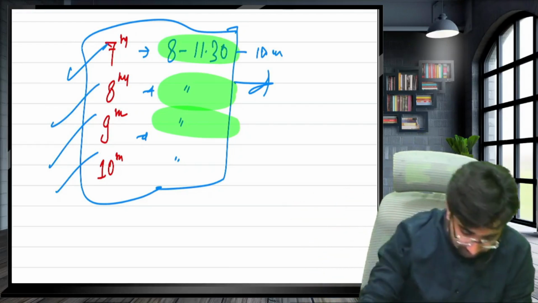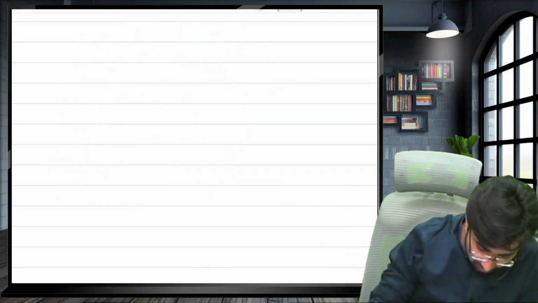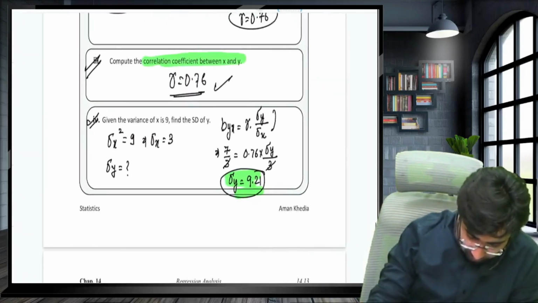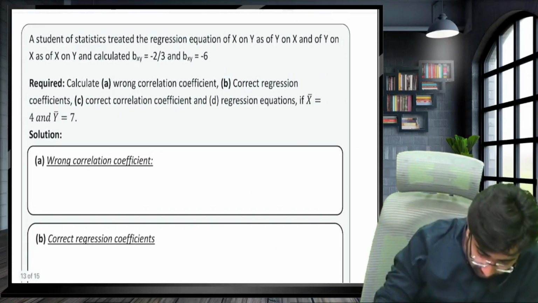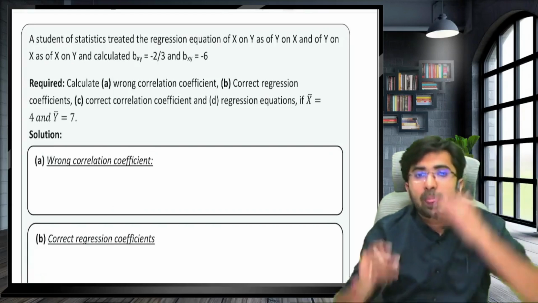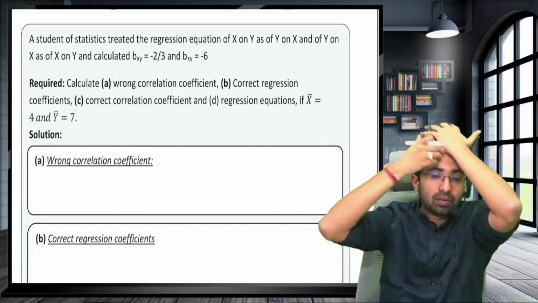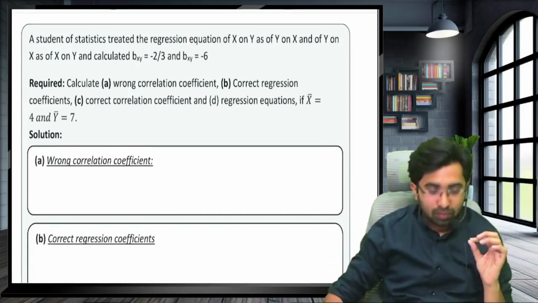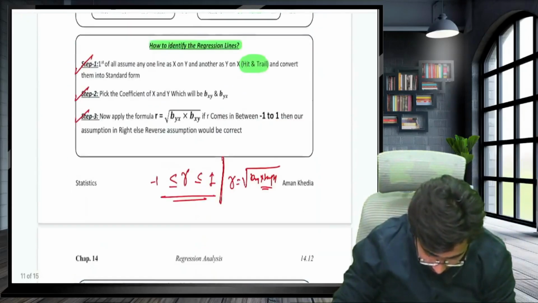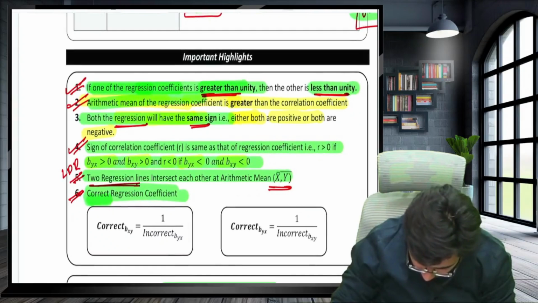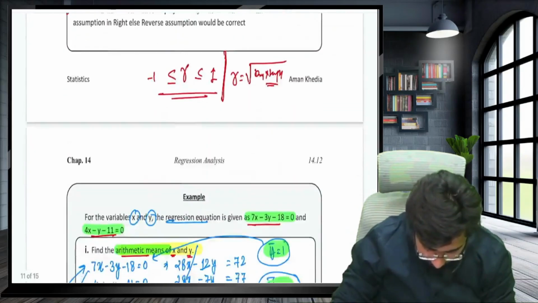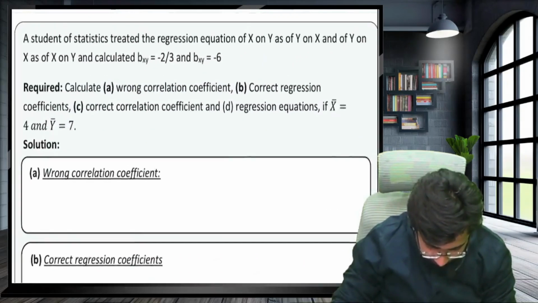Okay, guys, now come back to this. Now you have to think. I am not going to solve this question. In that question, they give bx and y, bx and y same. Which one is which? X on y, y on x. Let me check this.